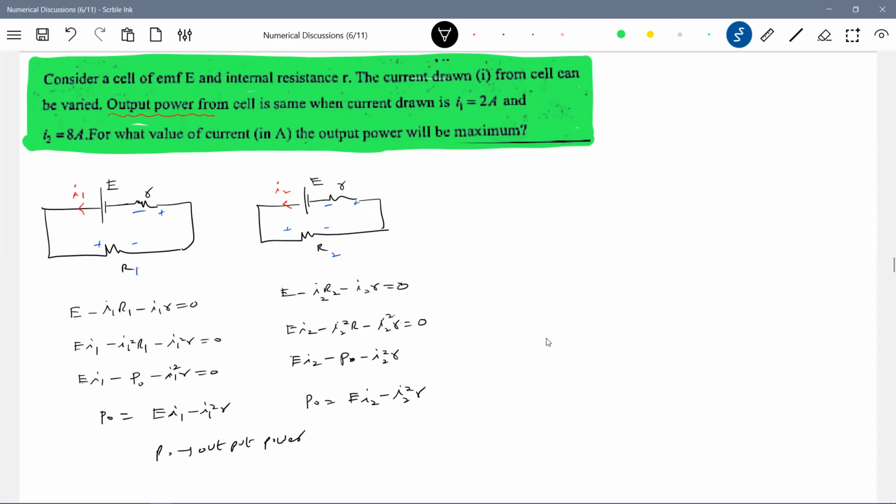Okay, after this, what is the maximum power? When will the power be maximum? In general, for a circuit, we'll take it like this.